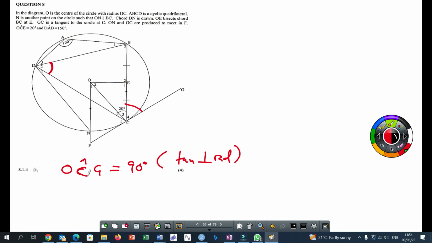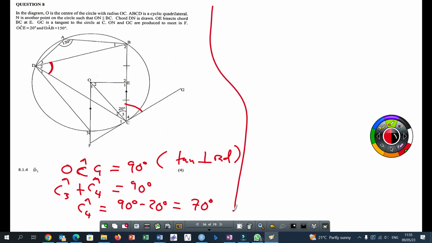But OCG is equal to C3 plus C4. So C3 plus C4 is equal to 90. Fortunately, I know what C3 is. So C4 is going to be equal to 90 minus 20, and you get 70 degrees.